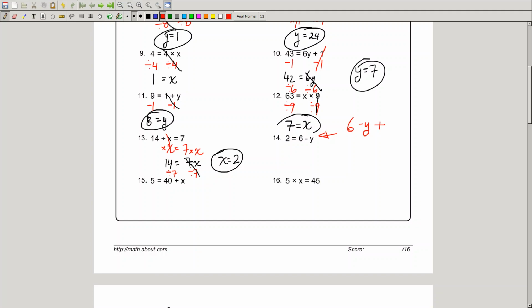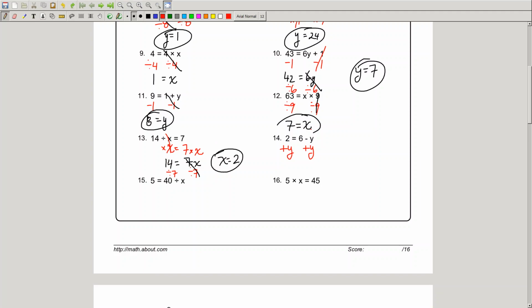So instead, I actually apply the operation of adding y to both sides. That's exactly what I'm going to do here. I'm going to add y. So if I add y to the right side, I have to add y to the left side. Okay? It's kind of similar to having x on the bottom there. So I have to apply multiple operations.